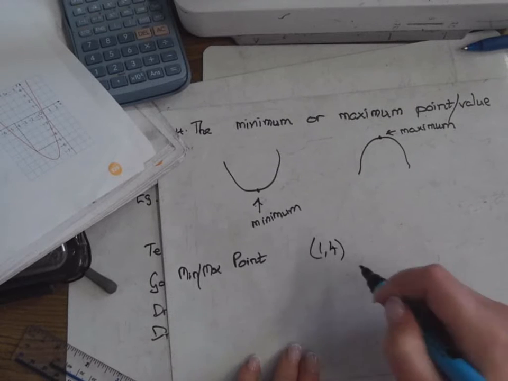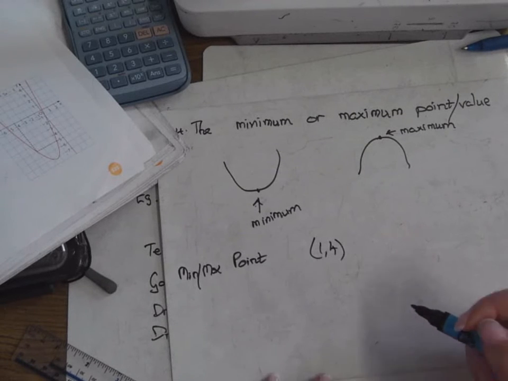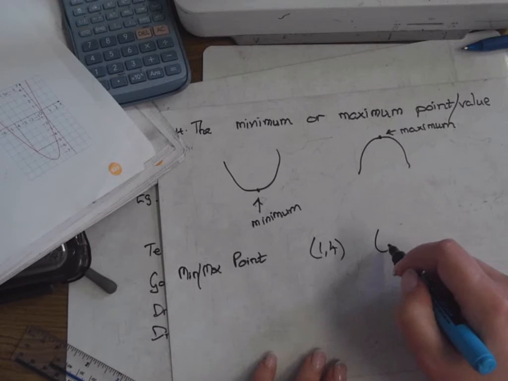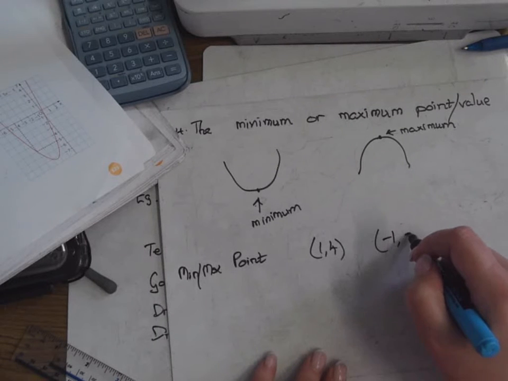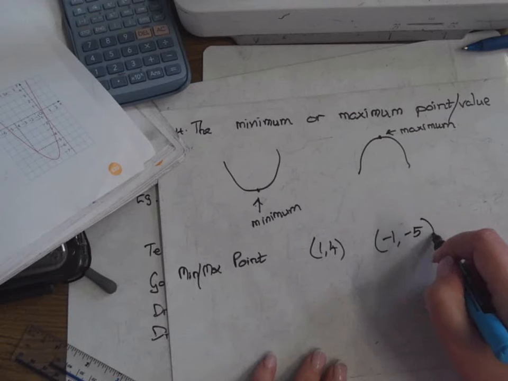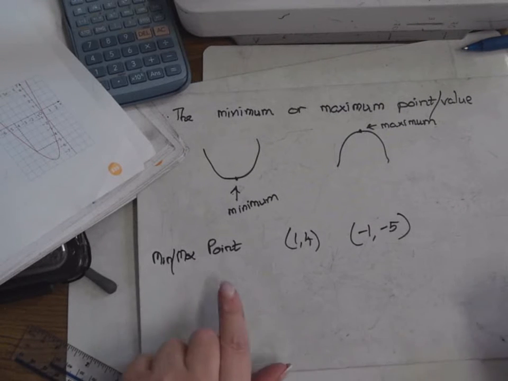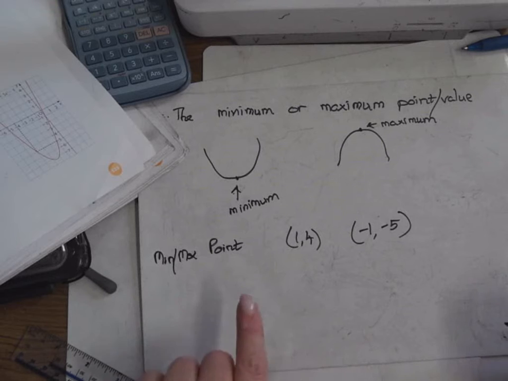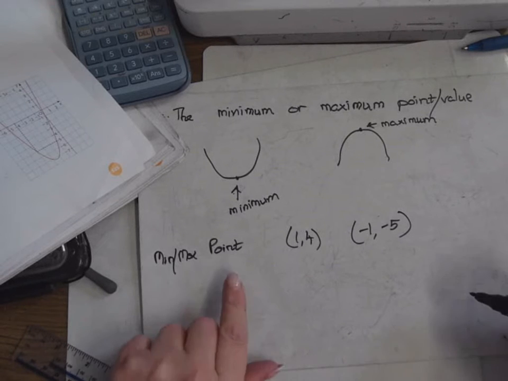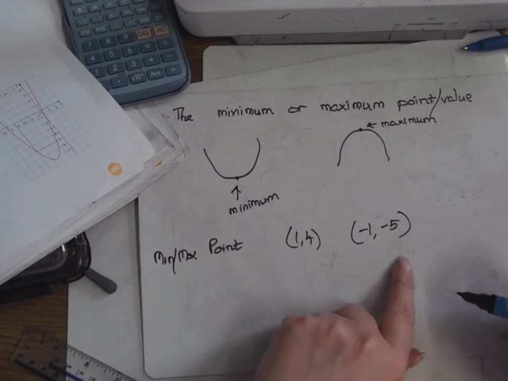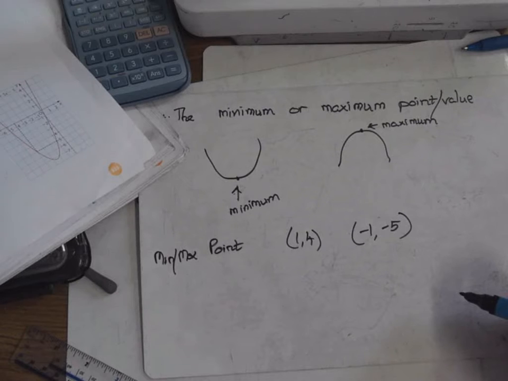Is that right? Something like that, okay? Or it might be -1, -5. Okay, I'm just making up these points. I don't have a graph drawn, okay? I'm just trying to make the point that if they ask you for a point, you give them the coordinates of a point, right?